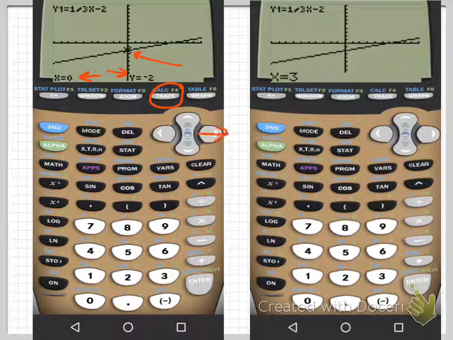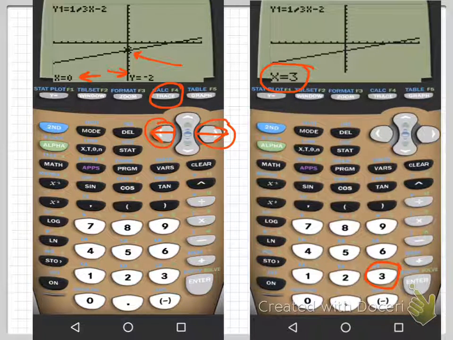Now you can move right and left by pressing the right arrow button and the left arrow button, but chances are you can't get it exactly on x equals 3. So the trick is to know you can press 3. If you press 3, notice what pops up. X equals 3 pops up, and it wants you to calculate where 3 is. Notice you have to have pressed trace first before you can press it, otherwise that won't work.